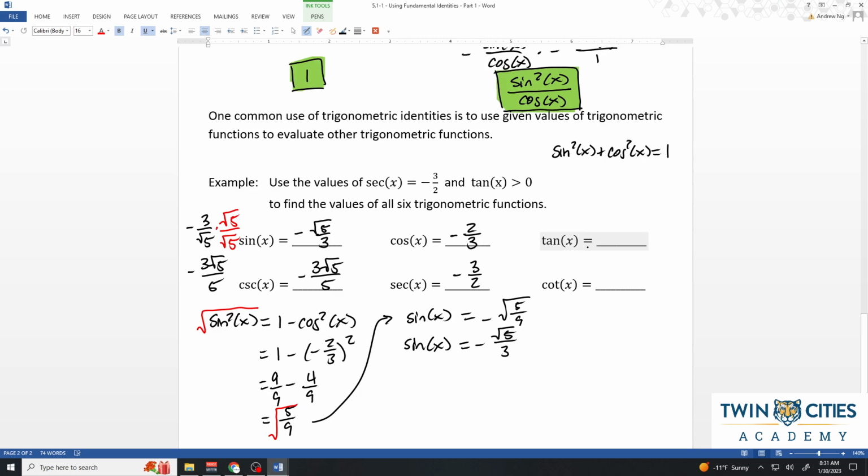Last thing to find is tangent and then cotangent. Okay, I know tangent is sine over cosine. So the tangent of x equals sine over cosine. That means sine is negative square root of 5 over 3, all over negative 2/3.